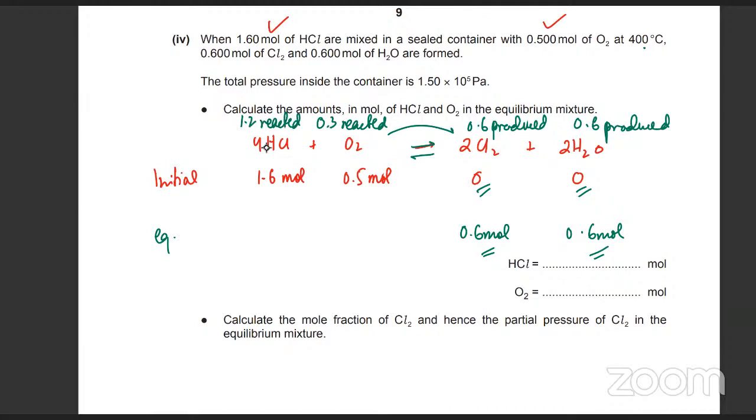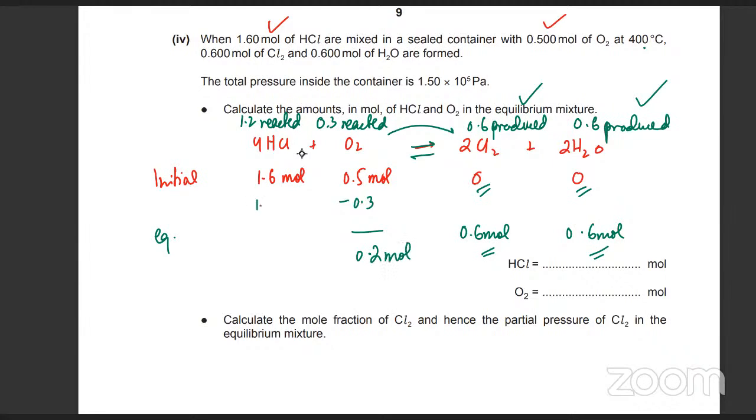And to produce 0.6, according to the ratio 2:4, 1.2 moles of HCl must have reacted. Remember the data suggests that you had 0 moles initially, and once equilibrium had been reached, you got 0.6 moles of both of them. So there was some forward reaction. To produce 0.6, 0.3 must have reacted. To produce 0.6, 1.2 must have reacted. So if 0.3 reacted, how many are left? 0.2 moles are left.